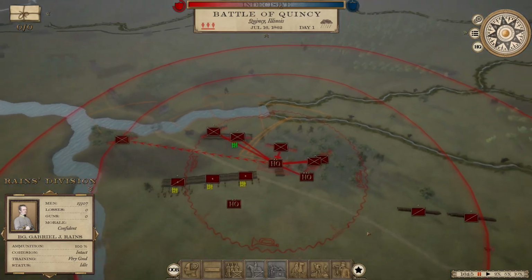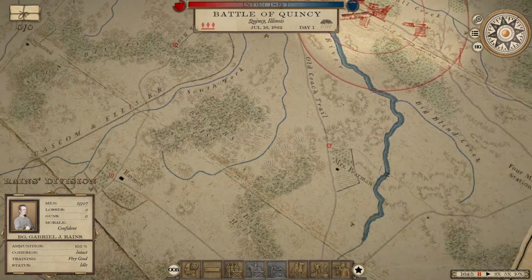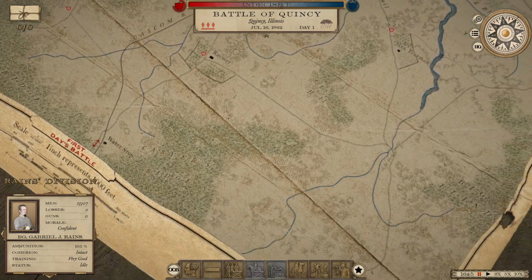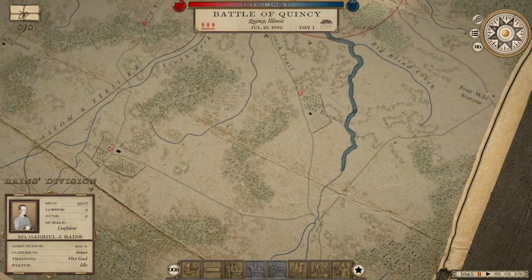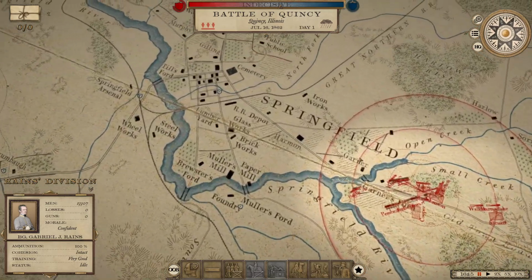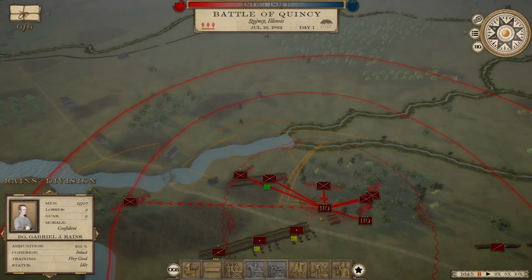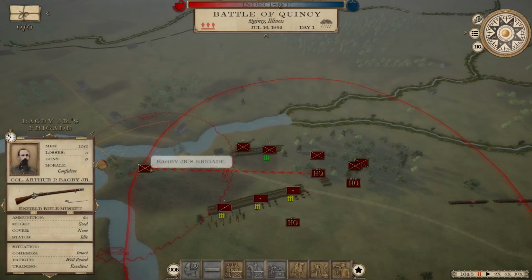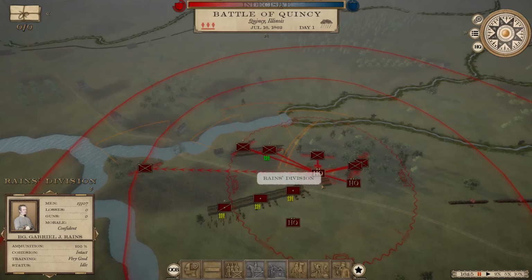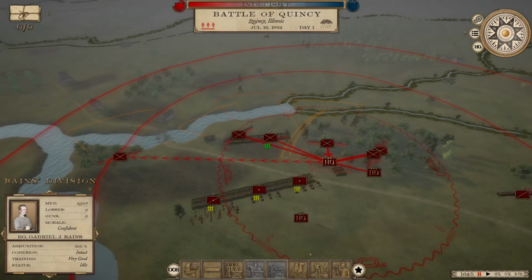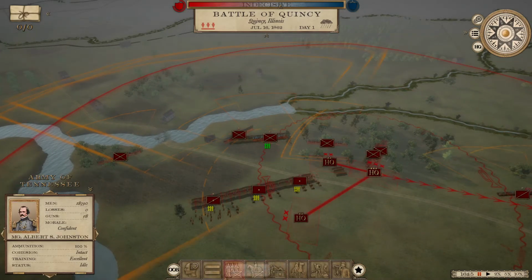They were the ones who limbered up, but I think they got lost when we left deployment phase. Again, guys, it's a work in progress. But that would be that. So now Bagby Jr.'s brigade isn't going to be part of future infantry formations once that order is carried out.